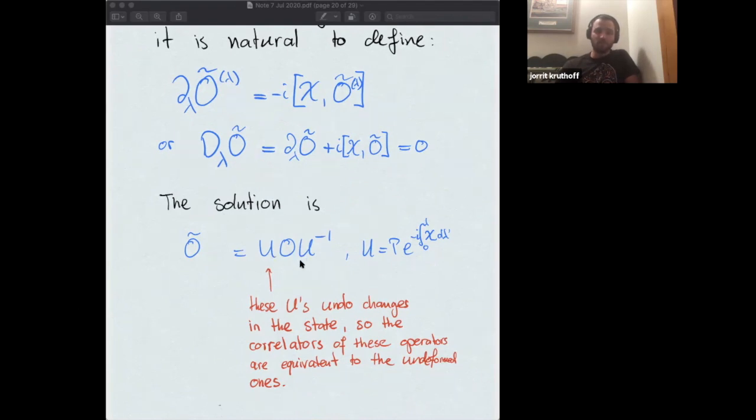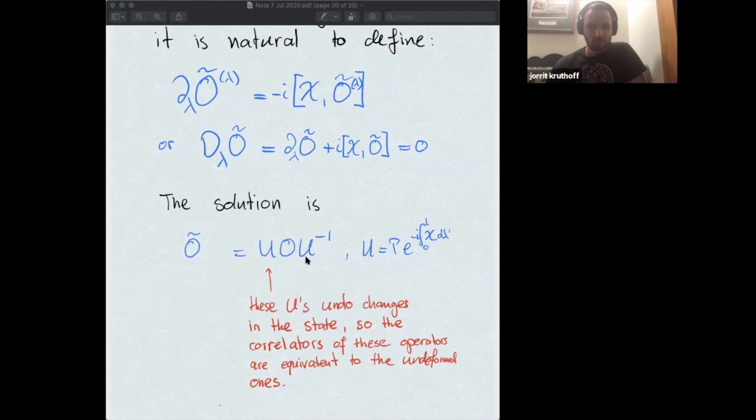It is basically saying that we should conjugate the original operator with exactly the same unitary operator that we discussed a few slides back. So this is the dressing of the operator, not by just a Wilson line, but by conjugation instead of just multiplication.